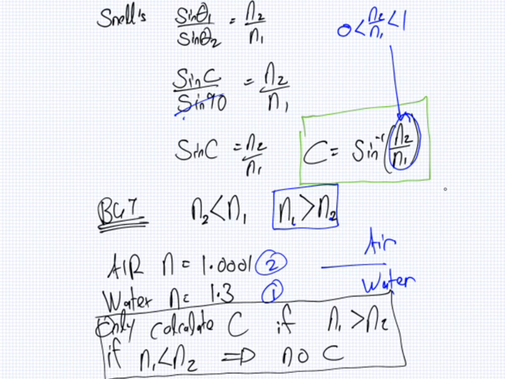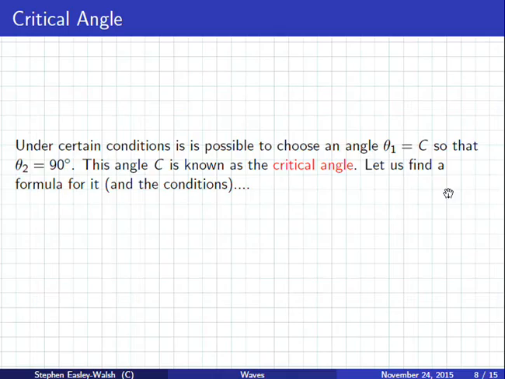Yep. Okay, so write this law down. Snell's law. And yes, that is correct. It is 1, 2, and 2, 1. Write this down. And you should draw the diagram also.